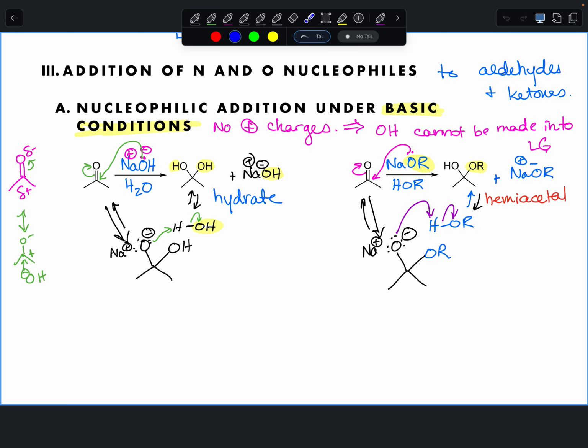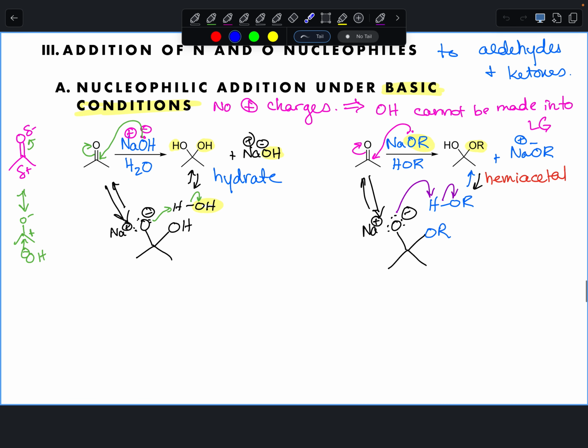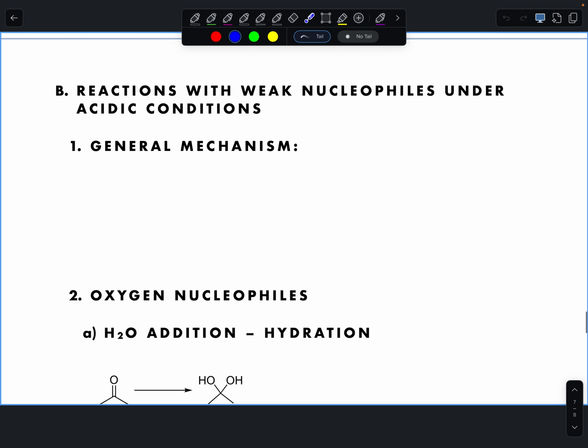But if the alcohol adds in to the carbonyl carbon, we now have a second carbon-oxygen bond. And that oxygen brought along with it the hydrogen as well as the R group. And so it now has a positive charge.